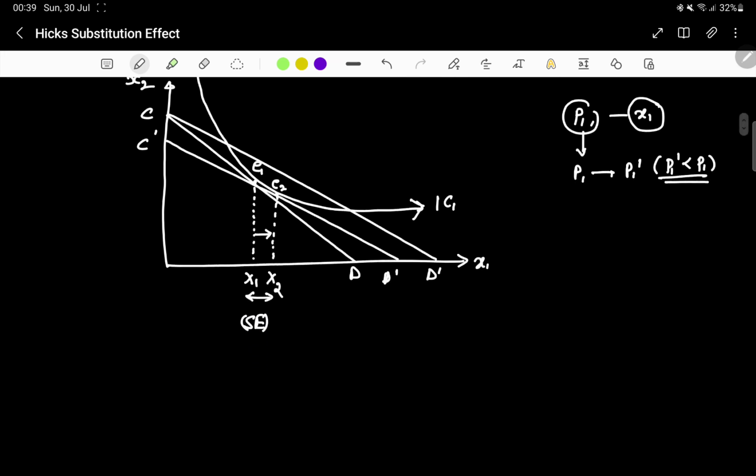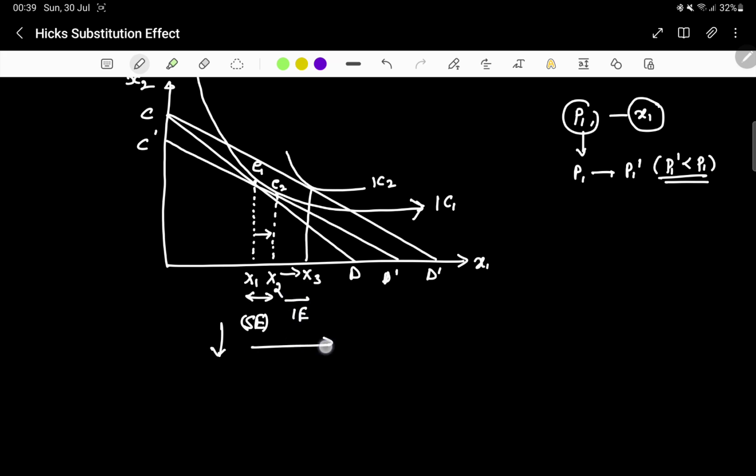So this movement from x1 to x2 is called substitution effect, in the sense that we have not increased the budget, but just the price change impact has been recognized here. And if the new indifference curve, IC2, is up to here, then the movement from x2 to x3 will be the income effect.